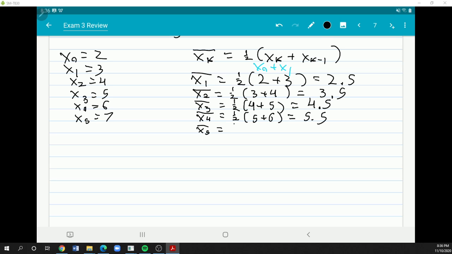And lastly, x5 is 1/2 6 plus 7 equals 6.5. So these are the points that we want to use.